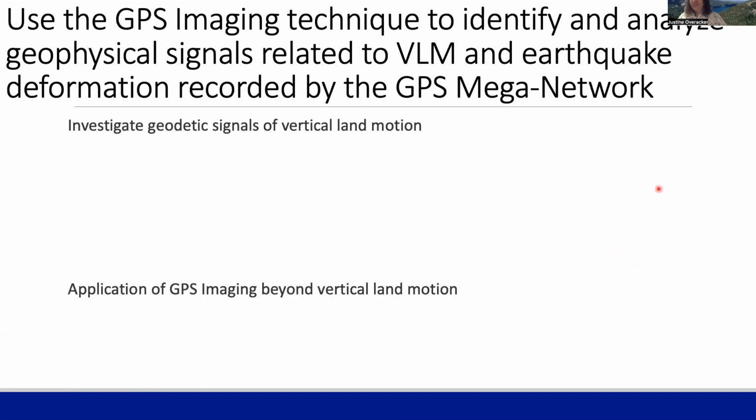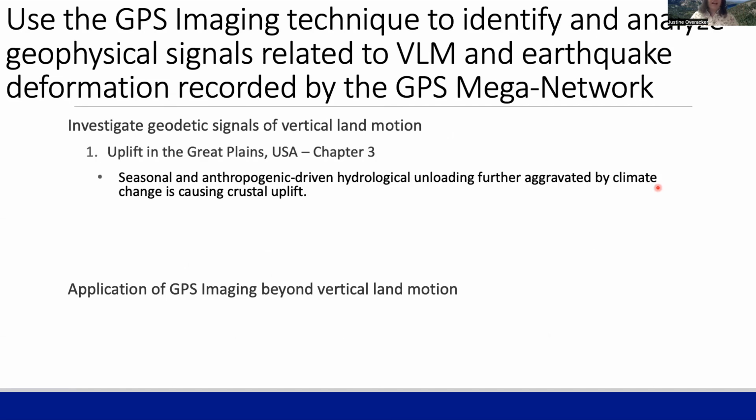So the goal of this dissertation was to use GPS imaging to investigate geodetic signals. First, we looked at vertical land motion, uplift in the Great Plains. We used GPS imaging to reveal that seasonal and anthropogenic-driven hydrological unloading, further aggravated by climate change, is causing crustal uplifts.